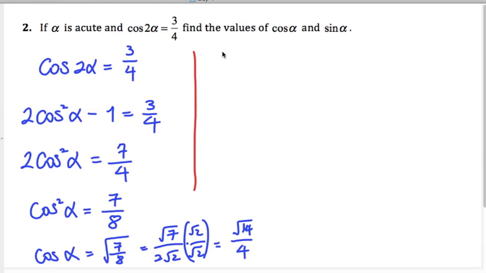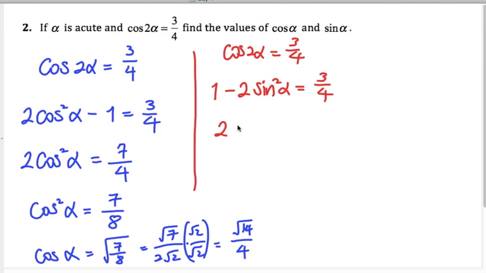Because cosine of 2 alpha is equal to 3 over 4, using the identity, I can say 1 minus 2 sine squared alpha is also 3 over 4 because these two expressions are identical. And I'm just going to do the opposite. 2 sine squared alpha is equal to 1 over 4, and then sine squared alpha is equal to 1 over 8 by dividing both sides by 2.